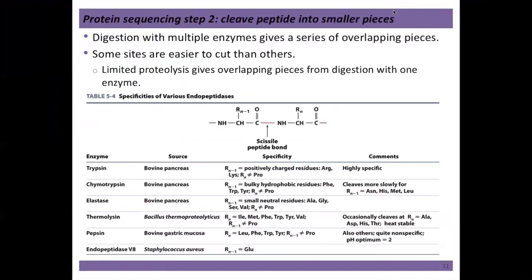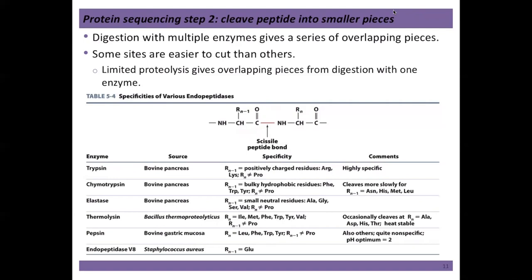And so here are some other enzymes, some various endopeptidases, and some of them have more specific cutting or hydrolysis of amide bonds than others. So there's just a little schematic here. If this is the bond of interest, this is the residue that's N-1, so it's just up one. And here is residue N. The nomenclature doesn't really matter; this will just let you know how things work.